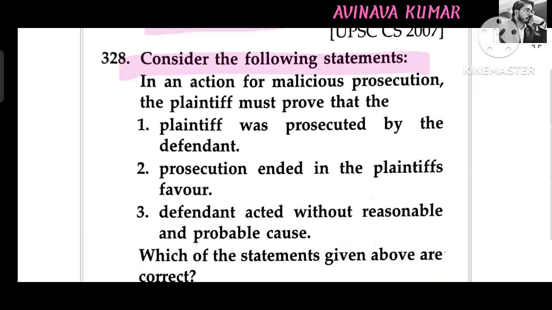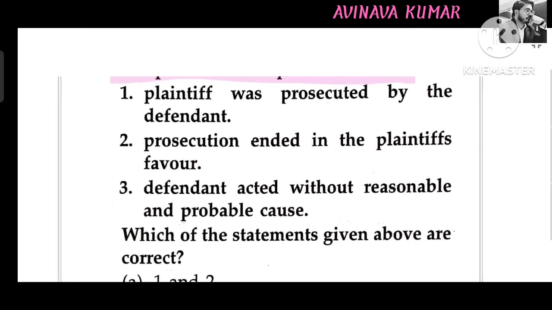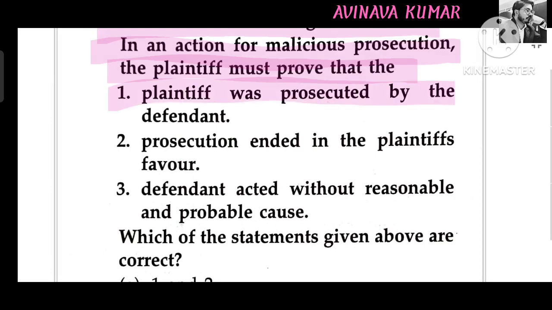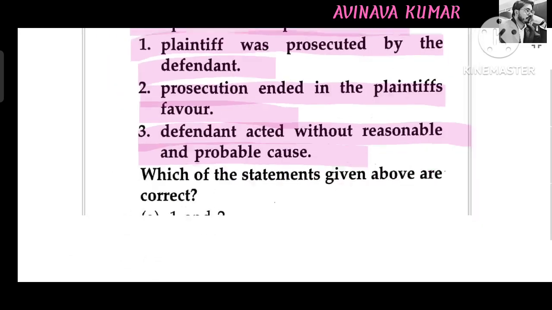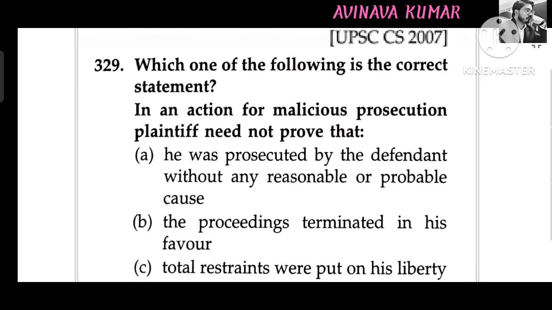Consider the following statements. In the action of malicious prosecution, the plaintiff must prove that the plaintiff was prosecuted by the defendant, the prosecution ended in the plaintiff's favor, and the defendant acted without reasonable and probable cause. All three are correct.